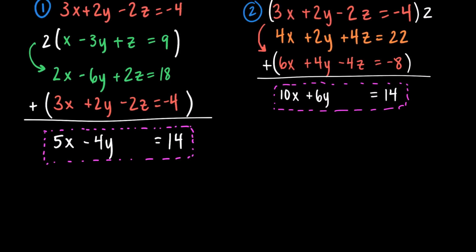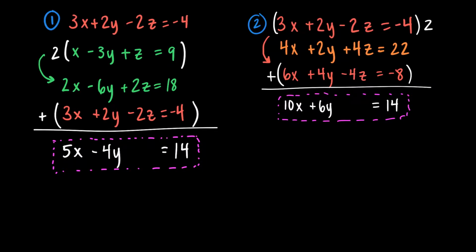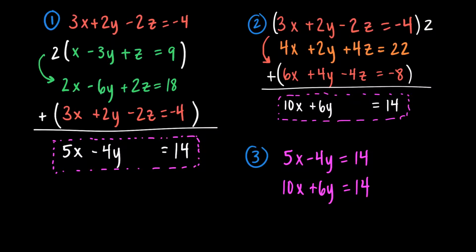So I'm going to zoom in over here. Step 3 is we're just going to write down our two equations that I've put in pink. The first one is 5x minus 4y equals 14. The second one was 10x plus 6y is equal to 14. What we want to do now is solve this for x or y.